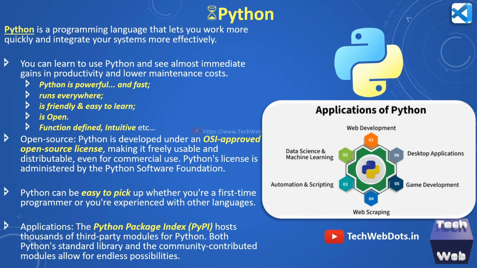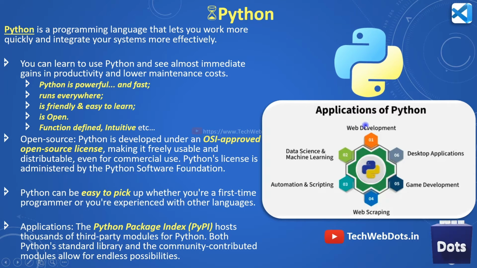Now you must be thinking, we know Python, but what are the applications? So we develop applications with the help of the Python Package Index. What is it? Actually, it is a host that contains thousands of third-party modules for Python. Both Python's standard library, which you can say is inbuilt, and the community-contributed modules allow for endless possibilities.